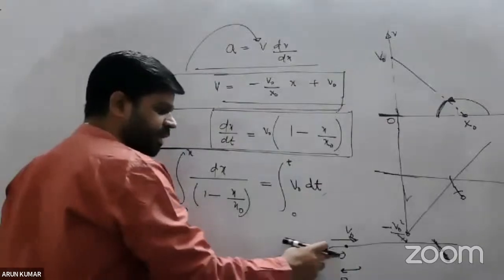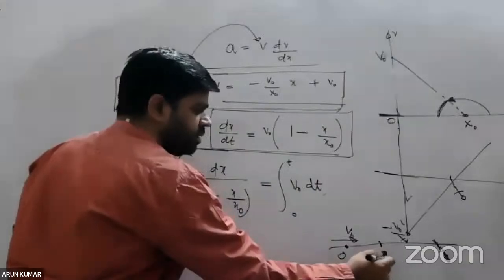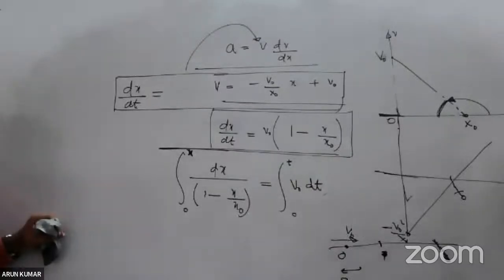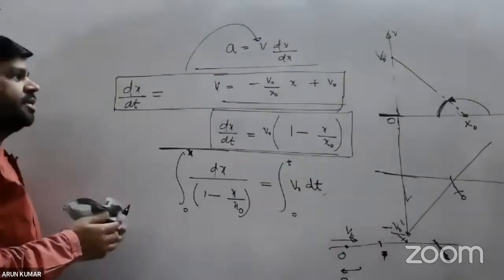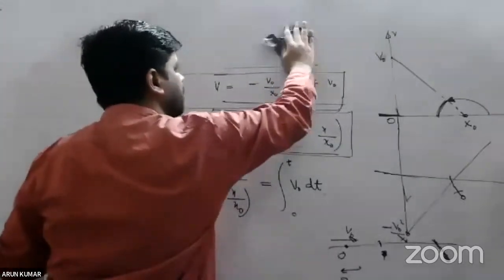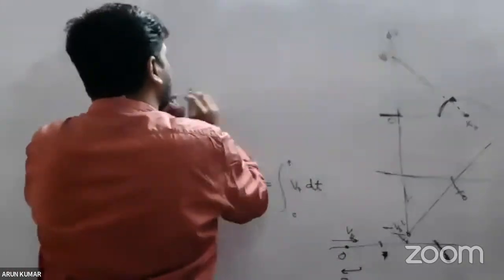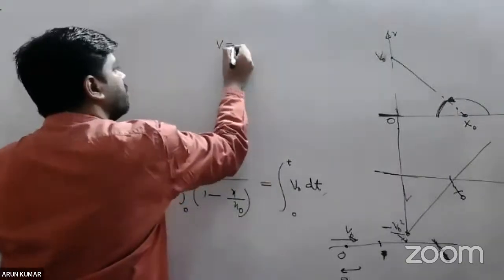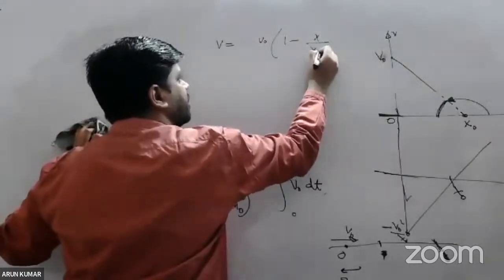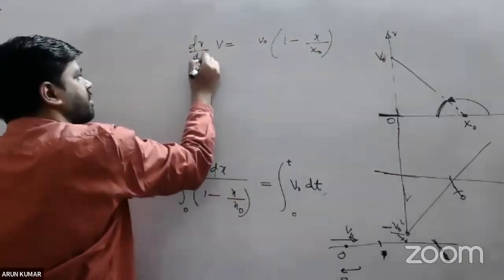So at time t equal to 0, particle is at 0. At some time t, my particle is at position x from origin. Alright, that's how I wrote this equation. I'll repeat. I've got v is equal to minus v naught into 1 minus x by x naught, which can be written as dx by dt.